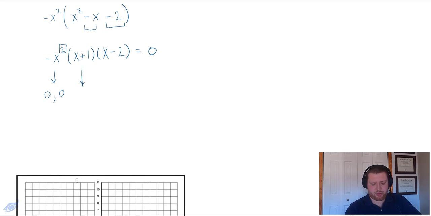For x plus 1, in order for that whole parentheses to be 0, x has to be negative 1. And for x minus 2, x has to be positive 2 in order for that parenthesis to equal 0. And so we have our roots, or zeros, depending on whatever you want to call them: 0, negative 1, and 2.